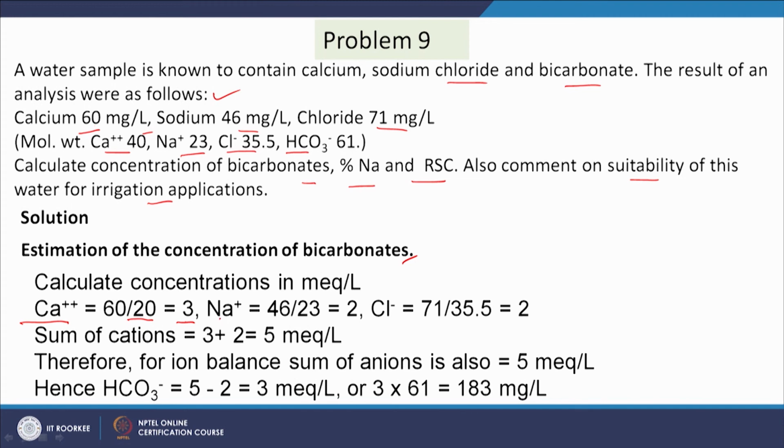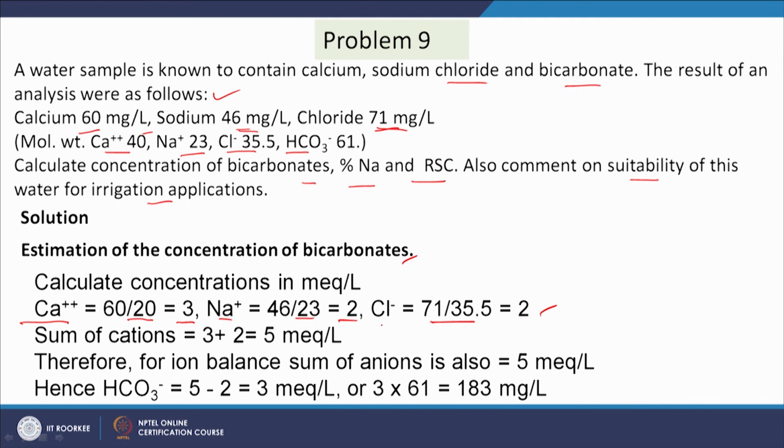Similarly, for sodium plus we have 46 mg per liter, divided by 23, that is the equivalent weight, so 2 milliequivalent per liter. For chloride we have 71 mg per liter, divided by 35.5, that is 2. It is not given how much bicarbonate is available, but we have to calculate it from the ion balance.